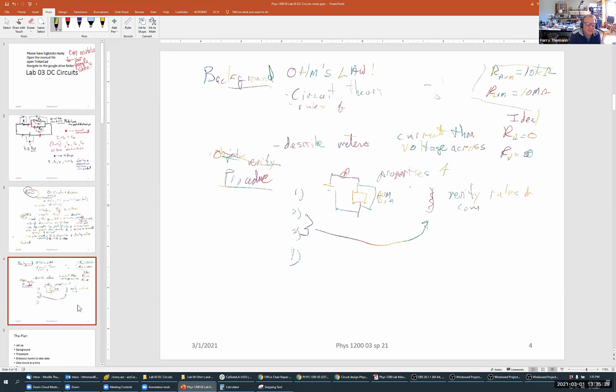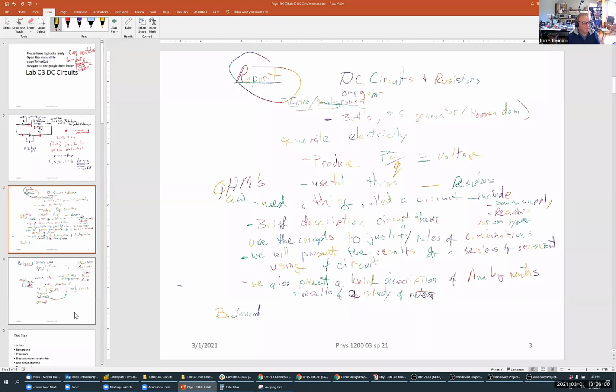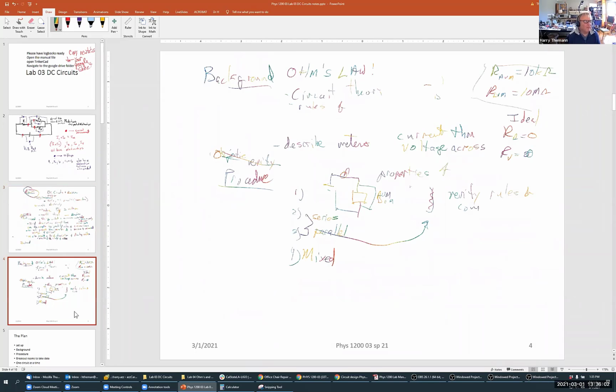So series and parallel. And then the mixed. And you can make that diagram and say that we made current and voltage measurements as shown in this diagram.